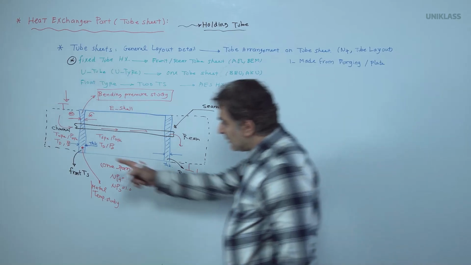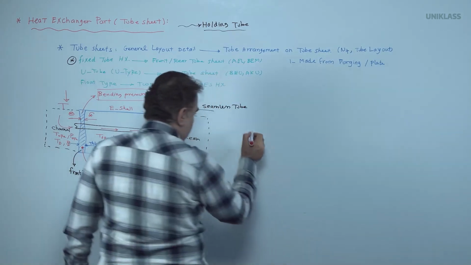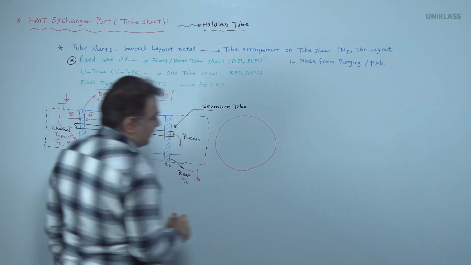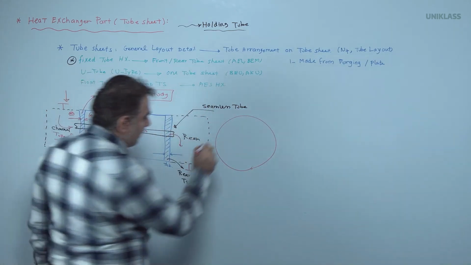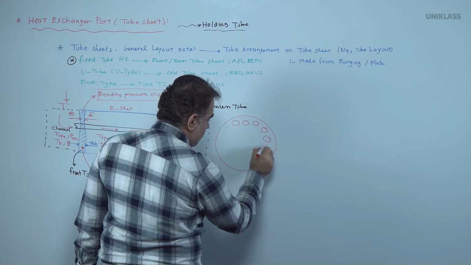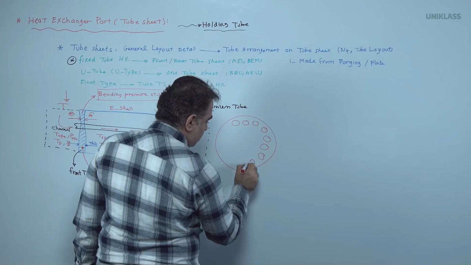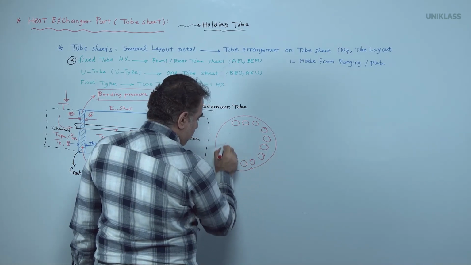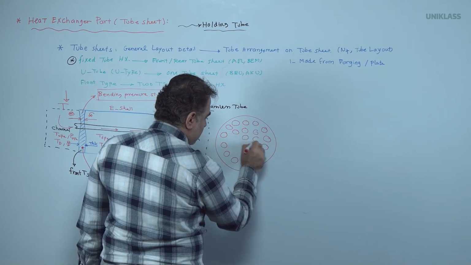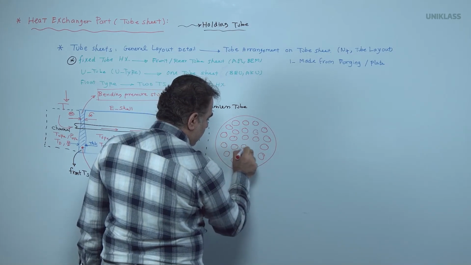First, when we see the heat exchanger here as one pass, we see one simple circle, the tube available here. The tubes on the tube sheet will be arranged with a pattern and layout.